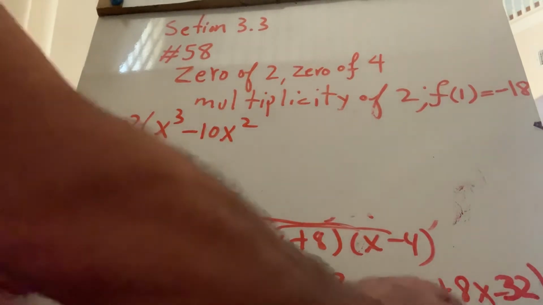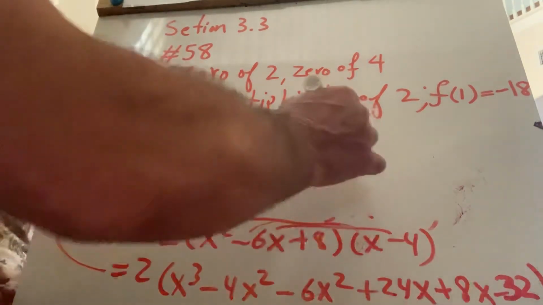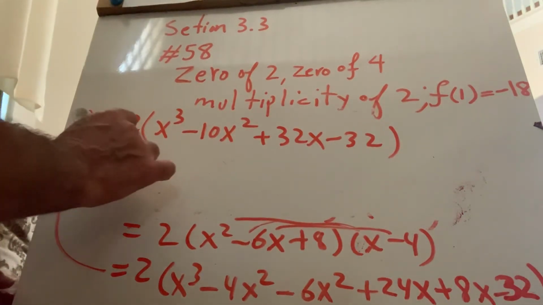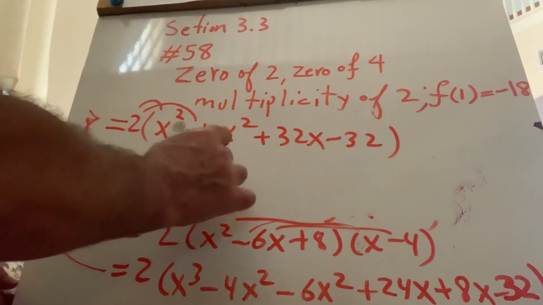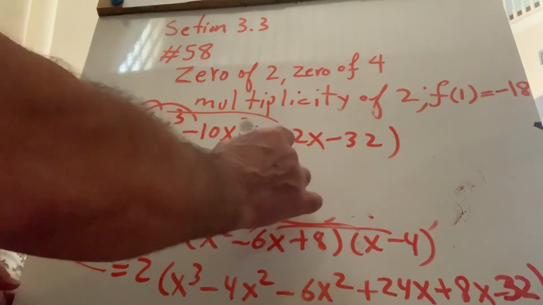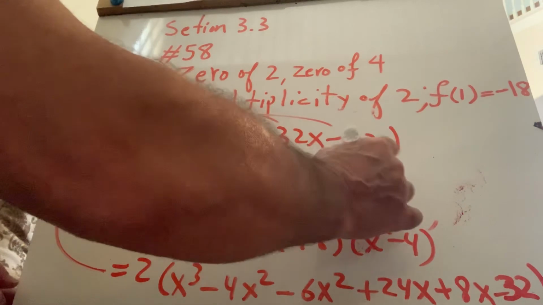We have 24 plus 8, which is 32x, and also minus 32. Finally, we're ready to distribute the 2 by every term. 2 times x cubed is 2x cubed. 2 times negative 10x squared is negative 20x squared. 2 times 32x is 64x. And finally, 2 times negative 32 is negative 64.